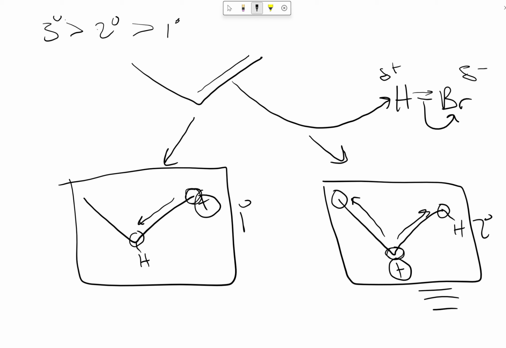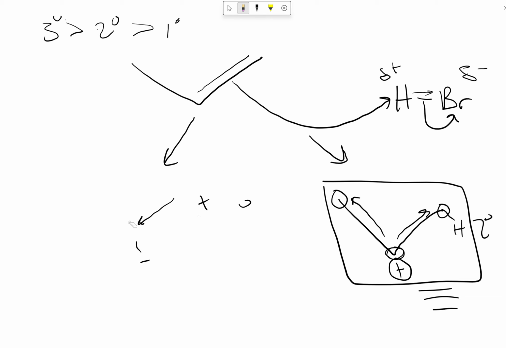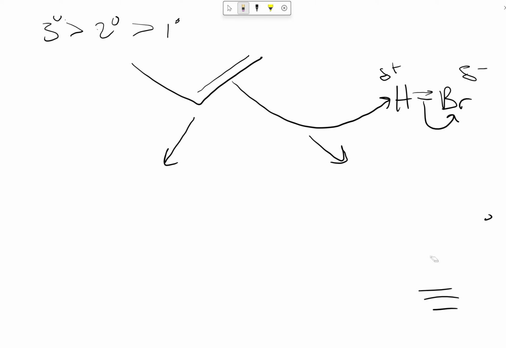So we're going to be looking at this. Let's look at the first one, all right? This first one, the secondary carbocation, is produced through Markovnikov's rule. So let's have a look at Markovnikov's rule.